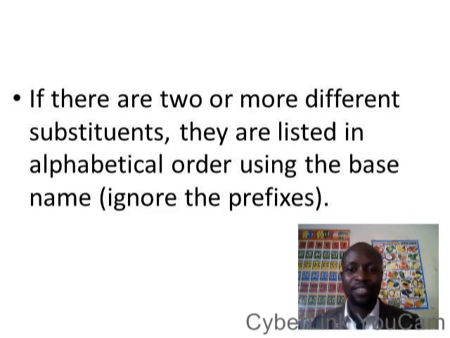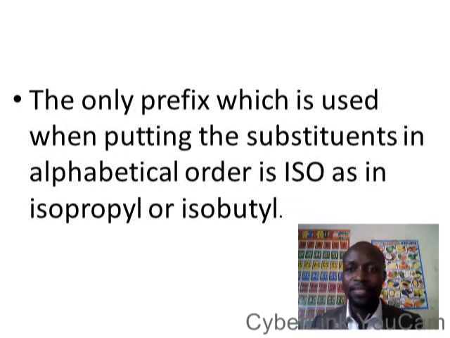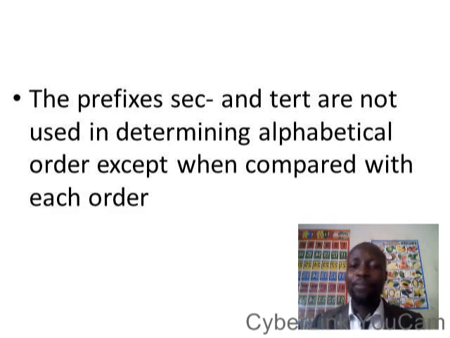Ignore the prefix. The only prefix which is used when putting the substituents in alphabetical order is iso, as in isopropane, isobutane. The prefixes sec and tert are not used in determining alphabetical order, except when compared with each other.